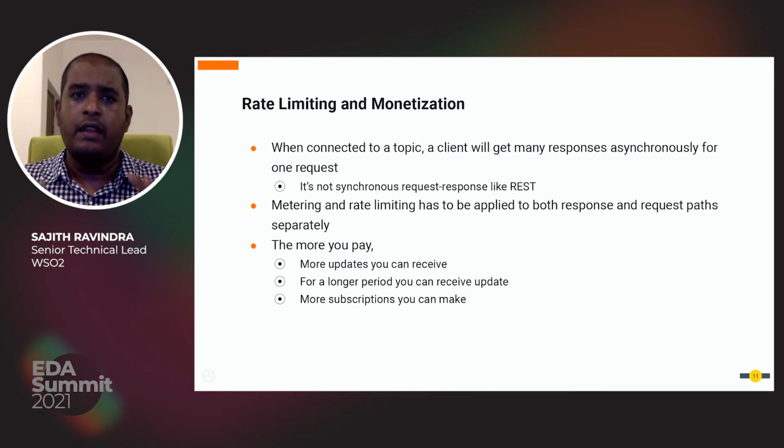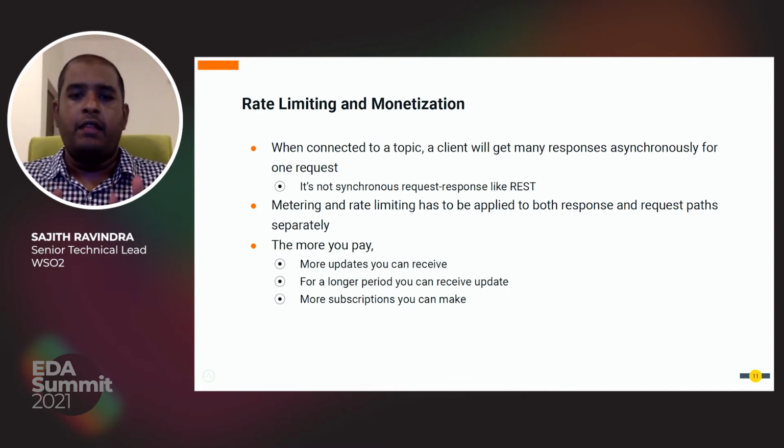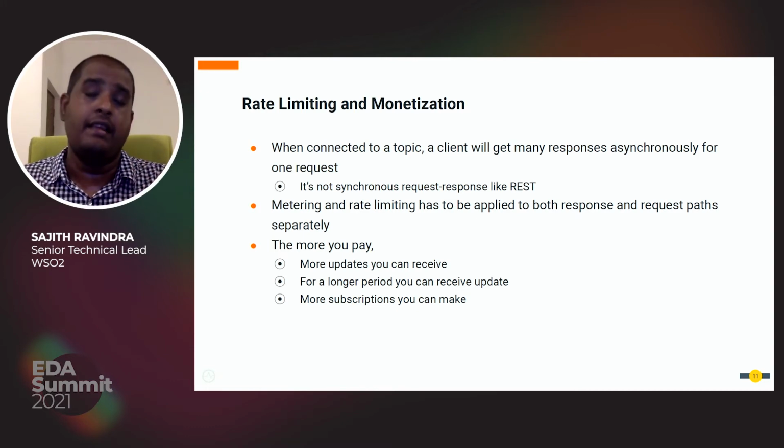Therefore, we need to do this metering and counting of events and requests, both on the request and response path. In the REST world, the number of requests is roughly equal to the number of responses. So counting requests is enough in the REST world, but that's not the case with streaming.